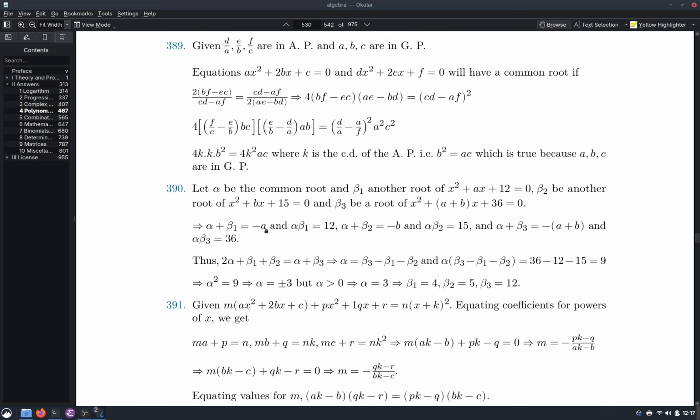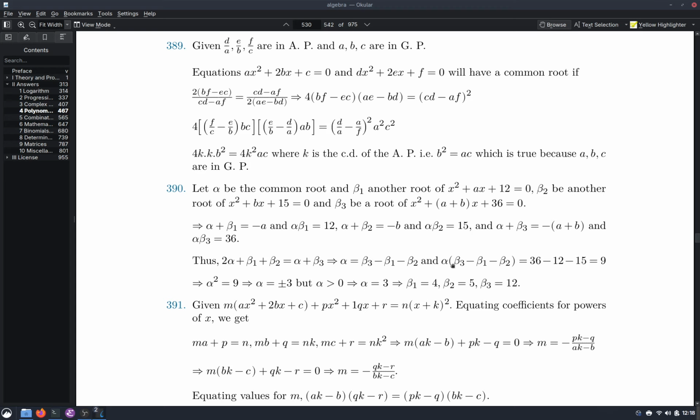So alpha plus beta 1 will be minus a, alpha beta 1 will be 12, alpha plus beta 2 will be minus b, alpha beta 2 will be 15, alpha plus beta 3 is equal to minus a plus b, and alpha beta 3 is equal to 36. So once we have that, we can write that 2 alpha plus beta 1 plus beta 2 is equal to alpha plus beta 3, which implies that alpha is equal to beta 3 minus beta 1 minus beta 2.